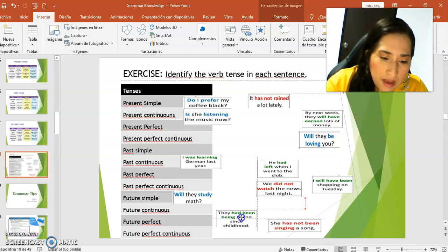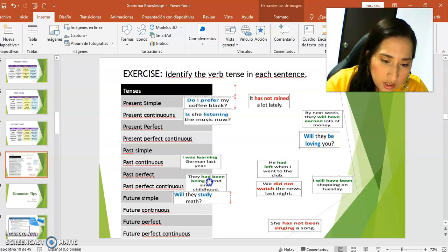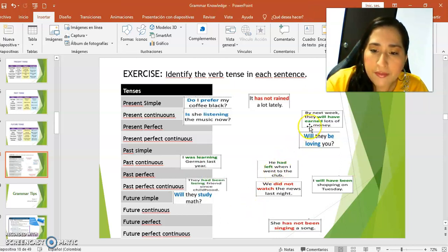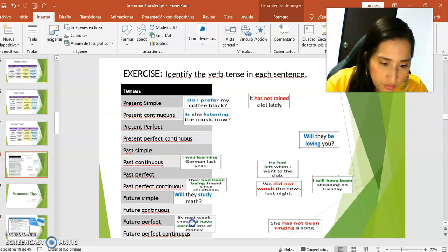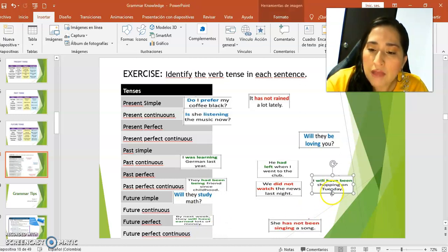Had is for past, been is for perfect, past perfect continuous. Here. Okay. Another. By next week, they will have earned a lot of money. It is future, it is perfect, it is future perfect. Okay. Future perfect here.